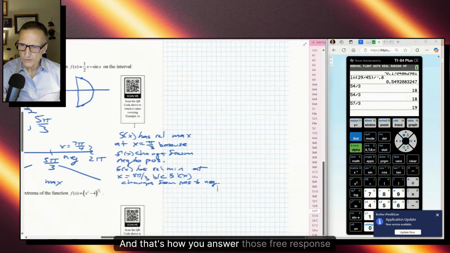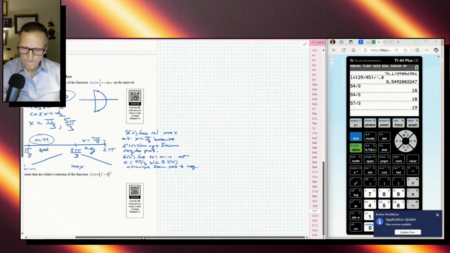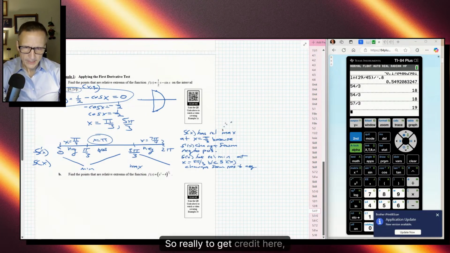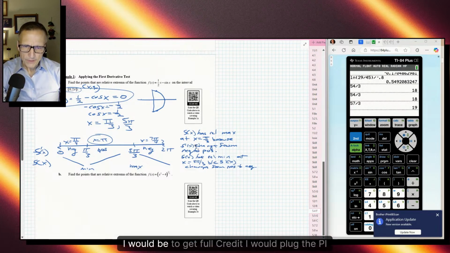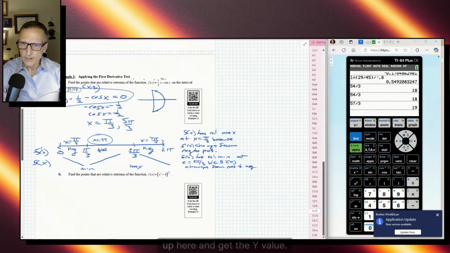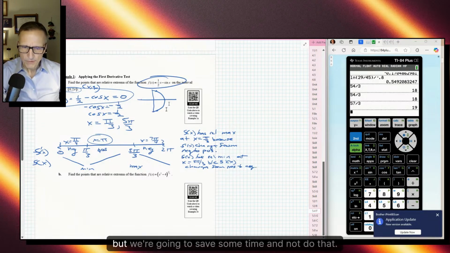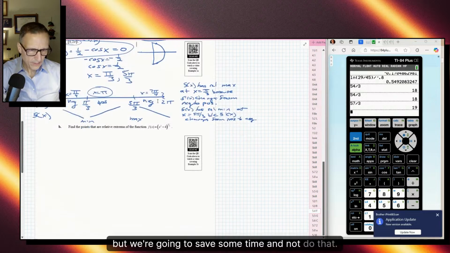And that's how you answer those free response questions. Now, they did say that they wanted the points. So really, to get full credit here, I would plug the pi over 3 back into the original function up here and get the y value. But we're going to save some time and not do that.